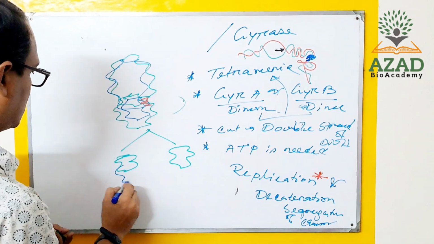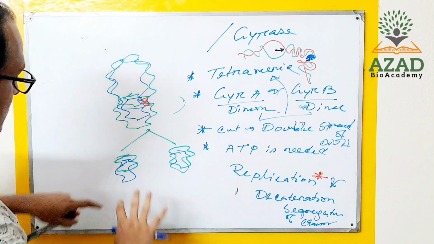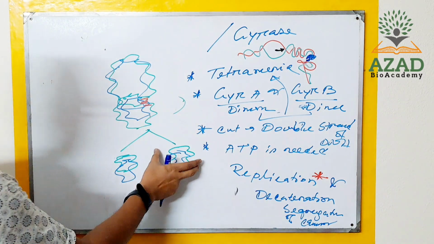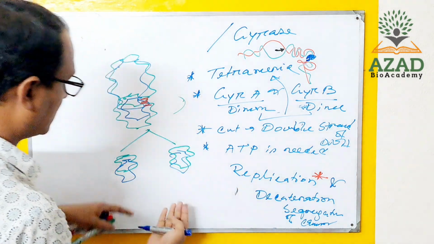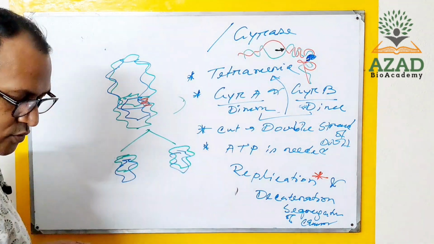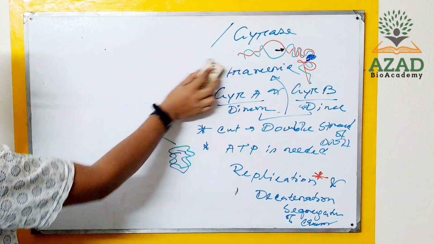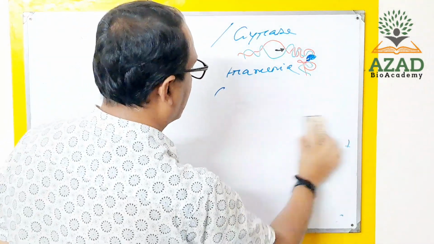That means it will be replicated, it will separate the chromosomes, and it will form another bacteria. So this is about the function of topoisomerase 2, that is the gyrase enzyme.